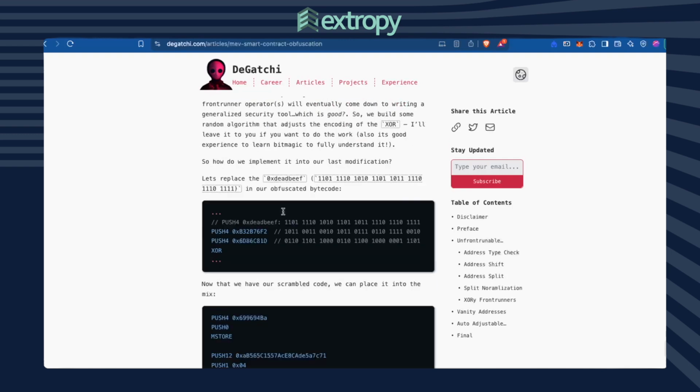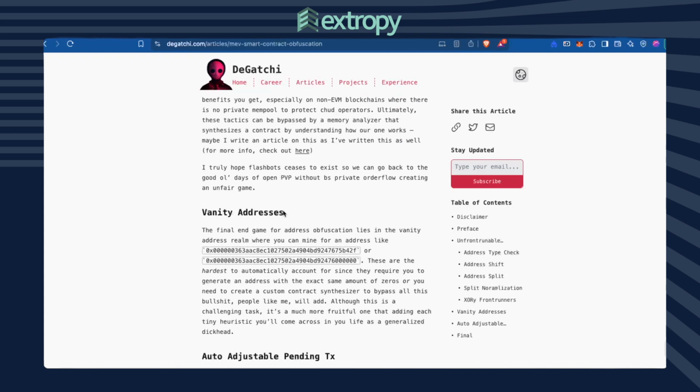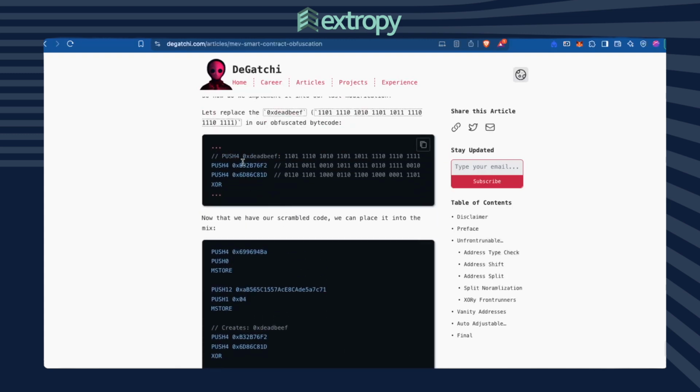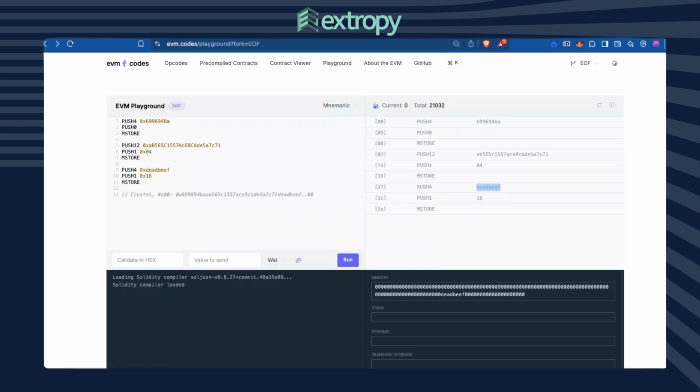But this one is breaking it down even further. So you've got things that you wouldn't even know would relate to this dead beef just by looking at those. It's only when you OR them together that they would make sense.